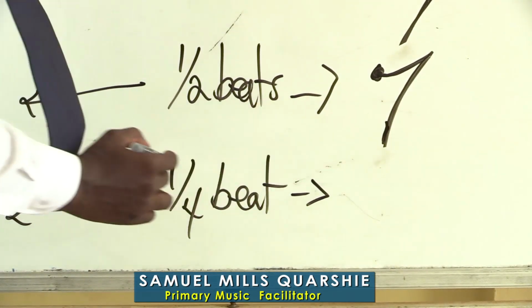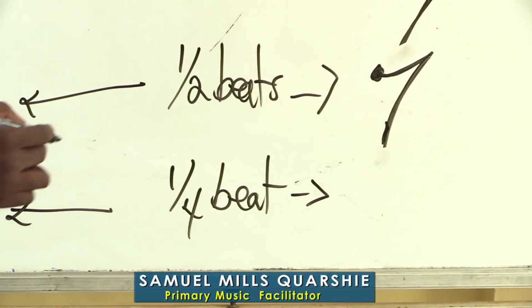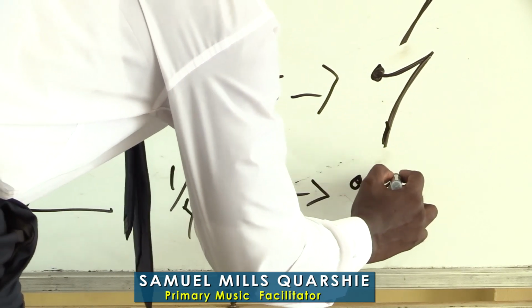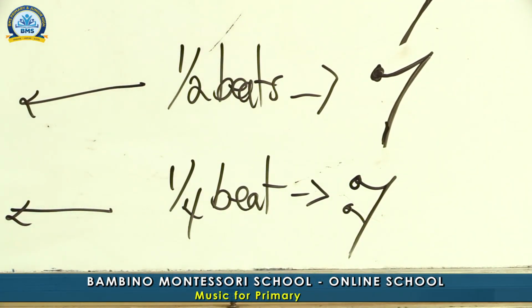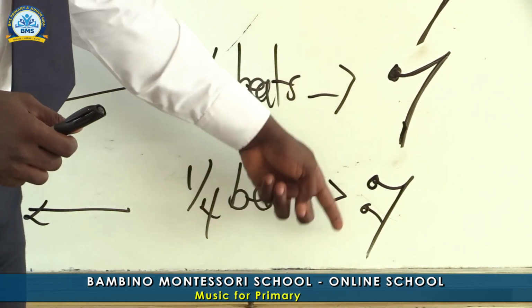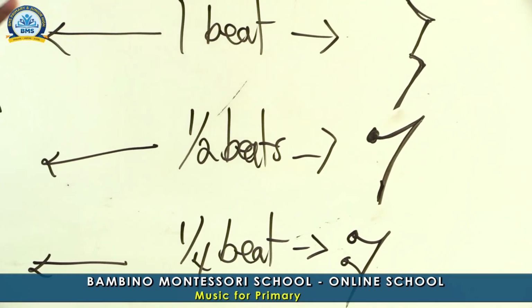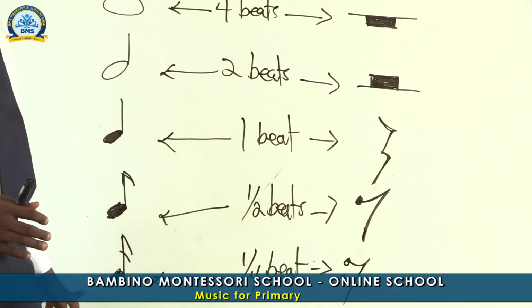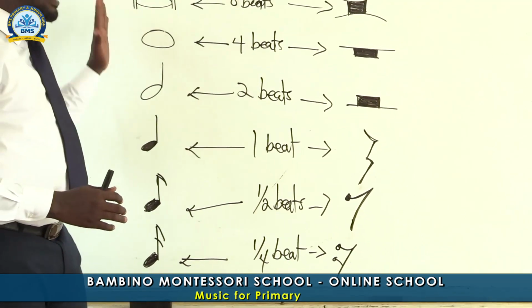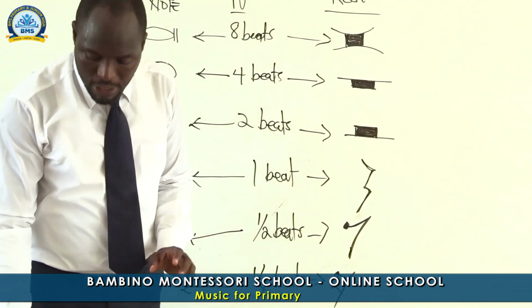The symbol is double of this. This is the symbol. What it's telling you is that anytime you see these symbols in your staff, don't play anything for the same time value of the notes.